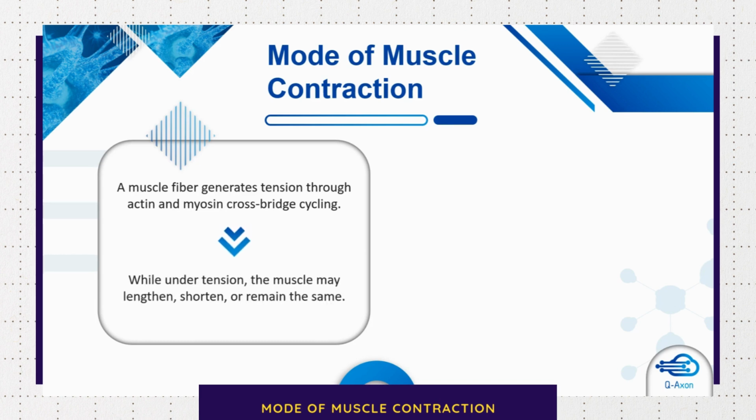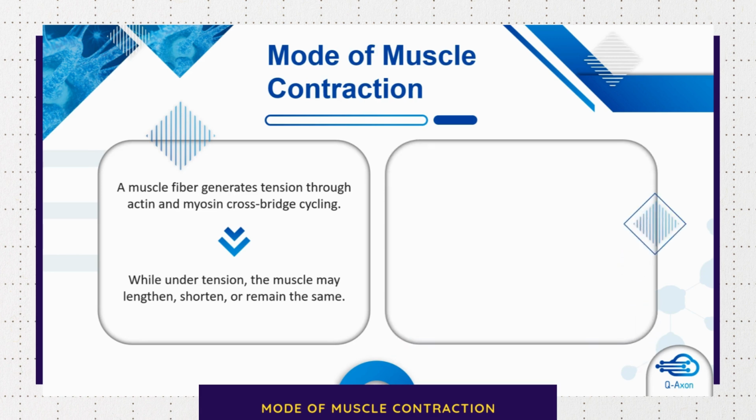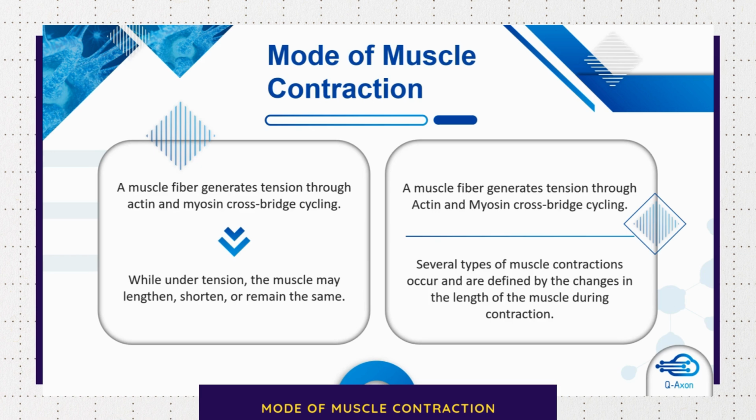But then, depending on the type of activity, the tension can change, the length can change. The length could remain the same, it could shorten, or it could elongate. And therefore, you have different types of muscle contractions. So in the subsequent slides, we look at these different types of muscle contractions defined by changes in the length of the muscle during contraction.